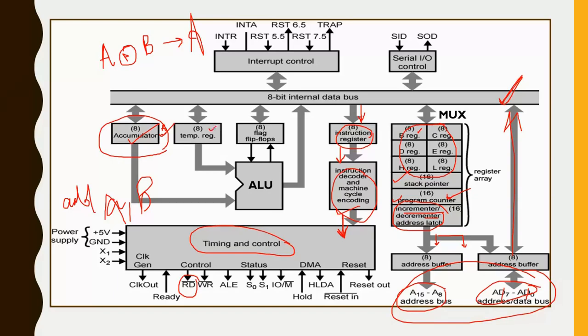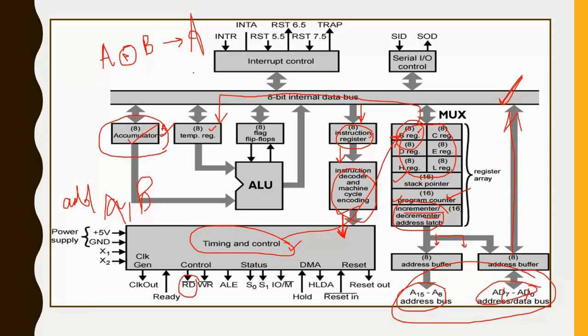So what this temporary register does is, suppose our timing control signal says that you have to add A with B. So now this timing control will activate register B, and this B register data will come to the data bus, and this will be stored in the temporary register.